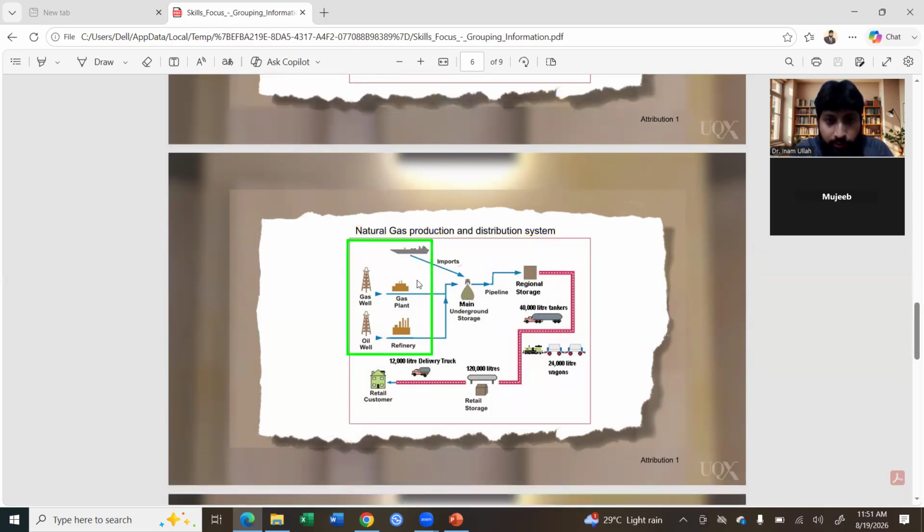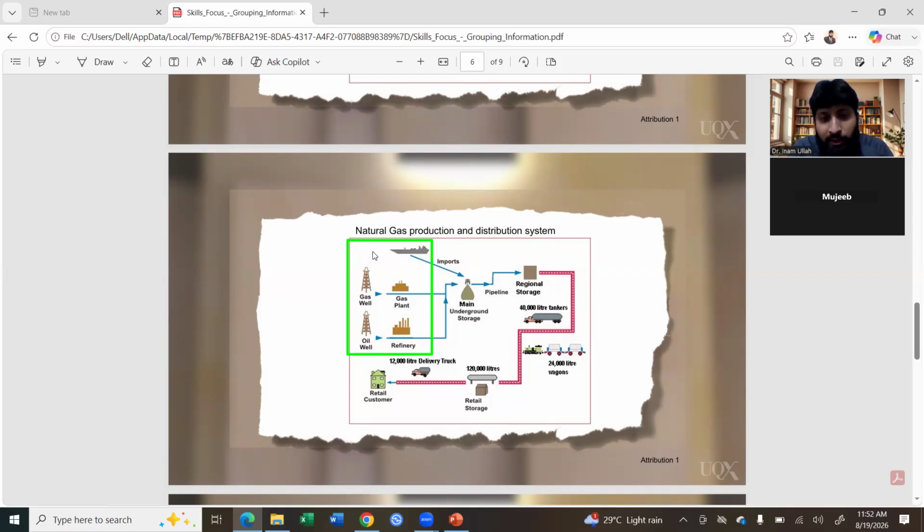Another, right? What kind of data or minerals are stored? So imports, gas well, gas plant, and oil well to refinery, right? So the gas has been imported from these three sources.